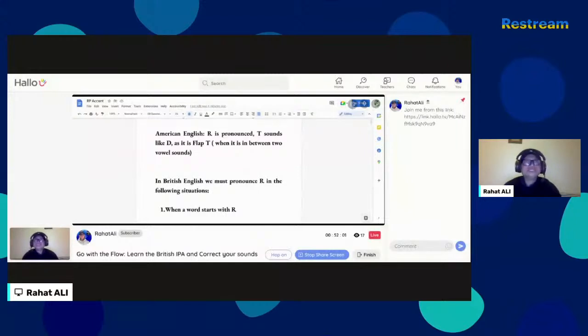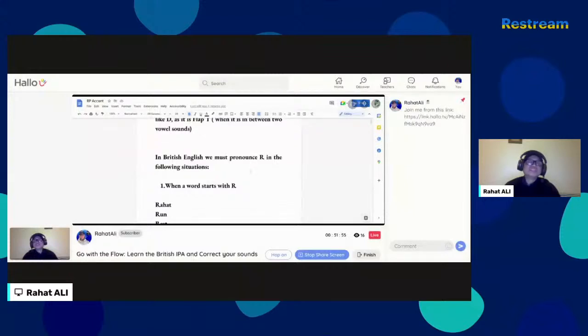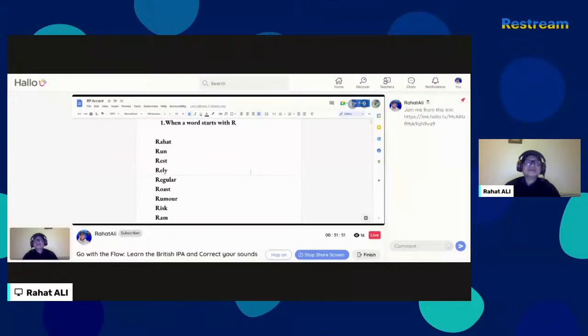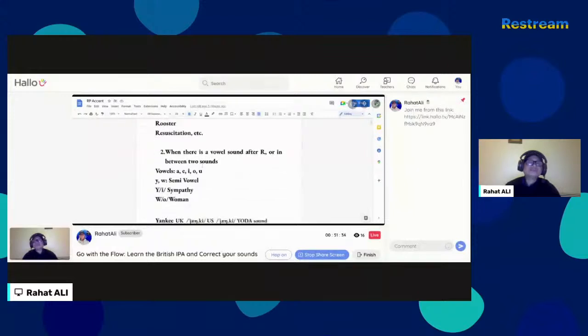Now let's compare first the British R. We must pronounce R in British English when a word starts with R, like my name. Run, rest, rely, regular, roast, rumor, risk, ram, rooster, resuscitation. Also when there is a vowel sound after R or in between two vowel sounds.